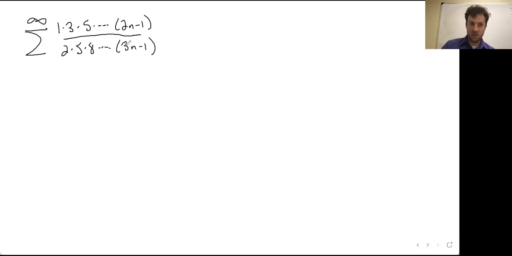So what's happening here is that we have repeated multiplication. The sequence is on the top, we're going to multiply more and more odd numbers. But on the bottom, it's not odd numbers, but we start at 2 and we keep jumping up by 3.